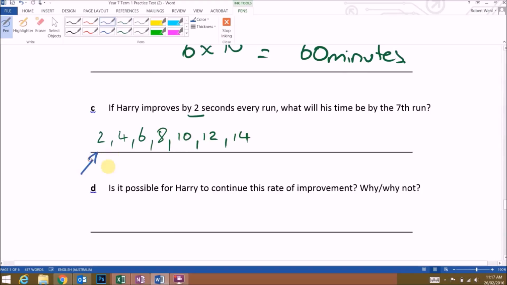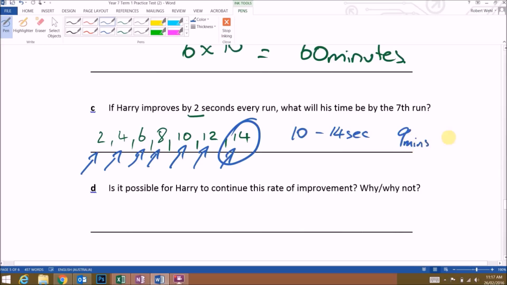So that's 1, 2, 3, 4, 5, 6, 7. So on his 7th run, he's going to improve by 14 seconds. So 10 minutes. If I take away 14 seconds from 10 minutes, I end up with 9 minutes and 46 seconds. So just remember, when you're dealing with time, you're taking away from 60 seconds.